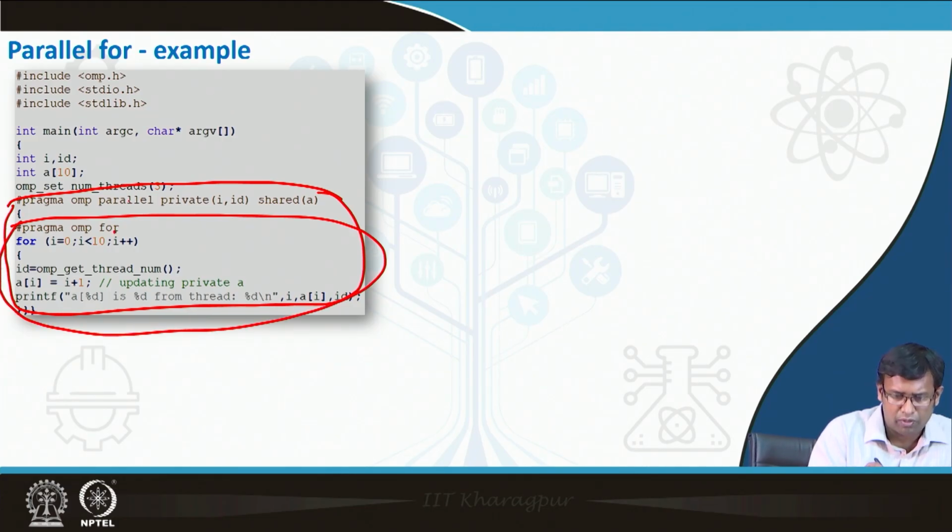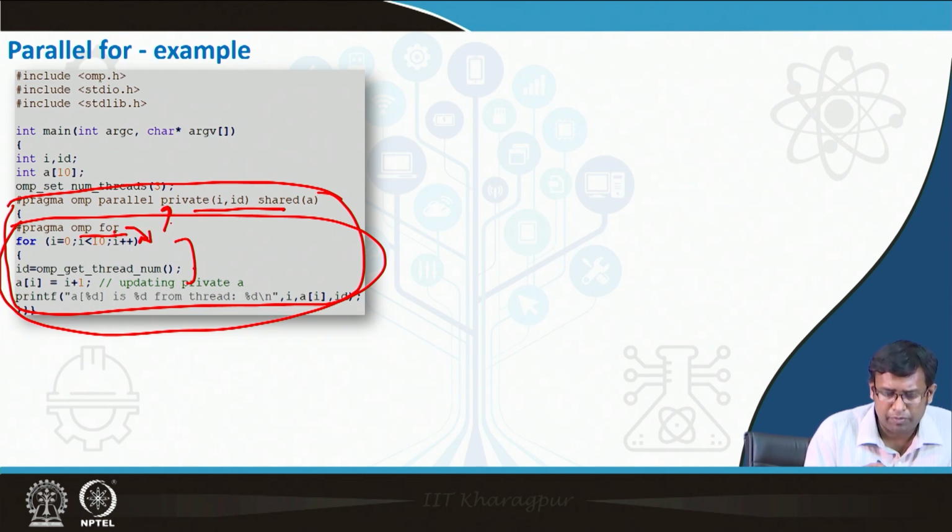So this omp for is always part of another construct, our parallel construct. Here i and id are private, and A is shared. These are the clauses. Now there is a for loop: for i equal to 0 to 9, A[i] is i plus 1, and printf the values of i. This for loop is parallelized by pragma omp for across the threads. The number of threads is set by set num threads to be 3, so this will run on 3 threads.